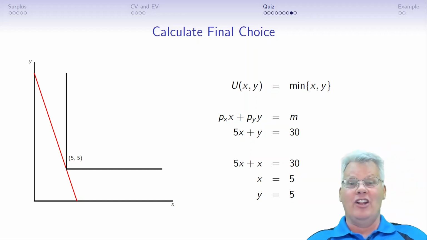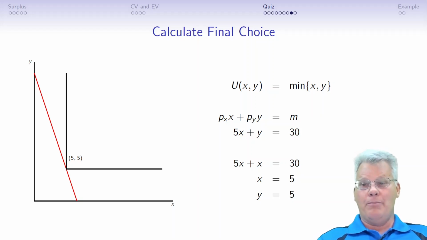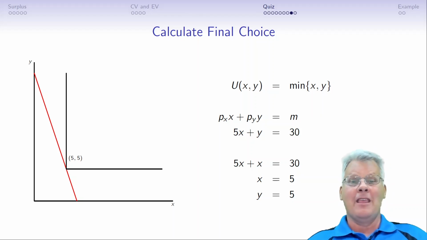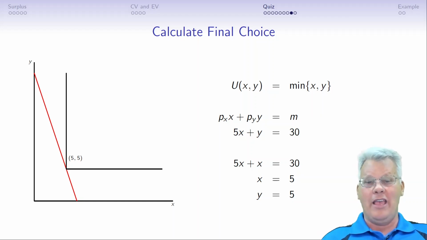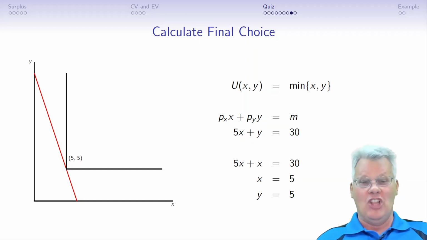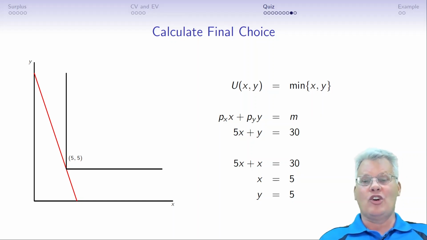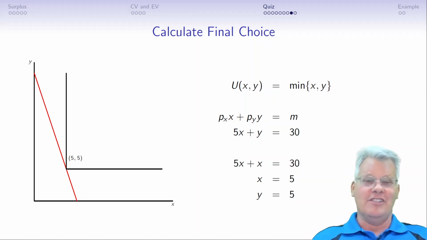So to get her final choice, we plot her budget line after the price increase, after earrings now cost $5 a pair. The information about the kink was where x is equal to y. We substitute that into the budget line, and we're able to find that after the price increase, Bernice will buy 5 pairs of earrings and have $5 left to spend on other goods and services.